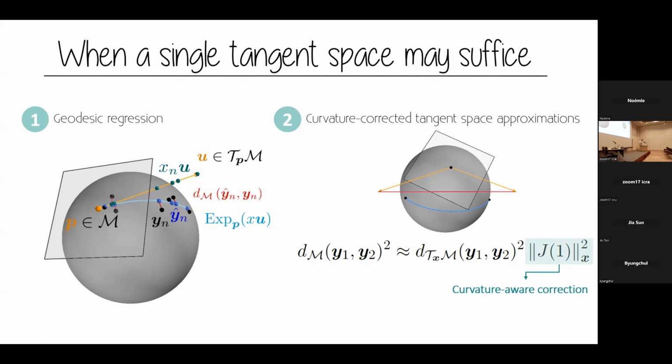I won't go into details here, of course, but it's important to mention that this accounts for the distortion, again, for very local, tightly grouped data that we might have. So if your data is very spread on the manifold, then this correction won't work anymore. It's a better approximation than just using the Euclidean distance, because it accounts for the distortion, but only very locally. That's the key message here.